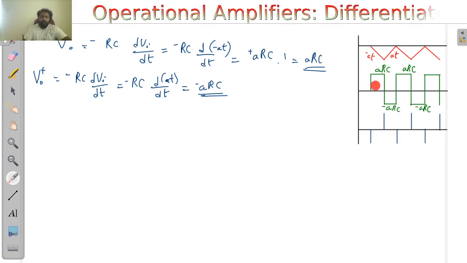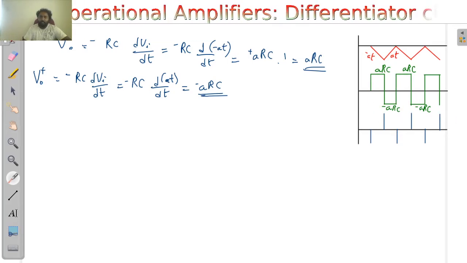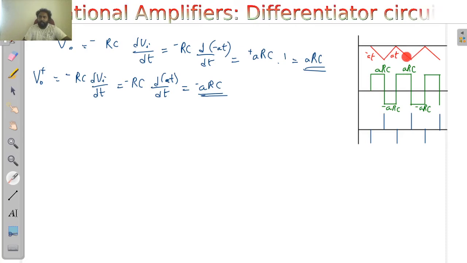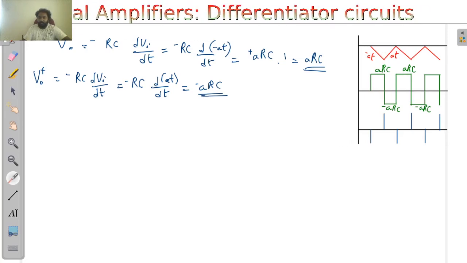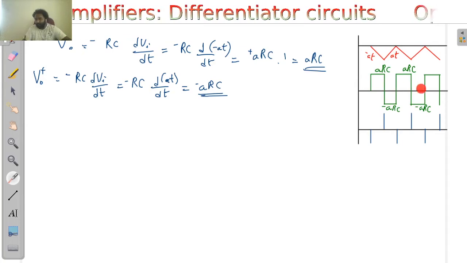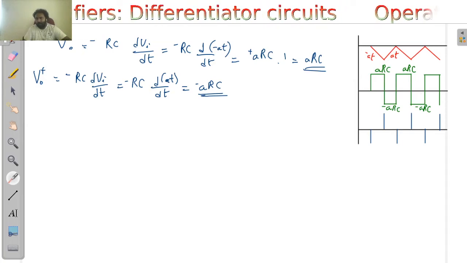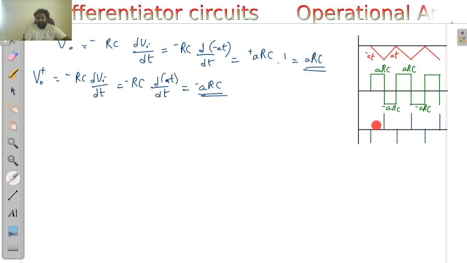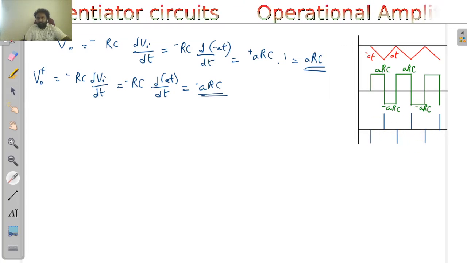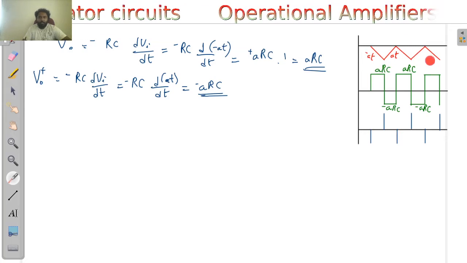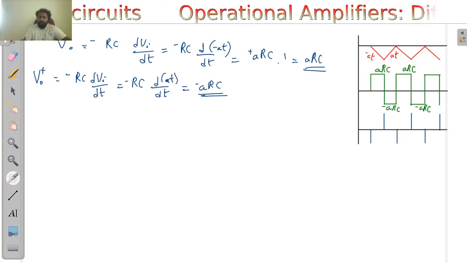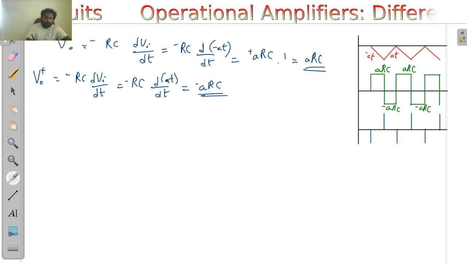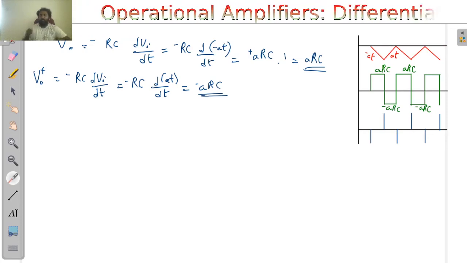So this is how you can generate a square wave from a triangular wave, or you can generate a spike waveform from a square wave. So when you double differentiate a triangular wave, you get a spike wave. Or when you integrate your spike wave twice, then you get a triangular wave. So this is the essence of the op-amp differentiator.